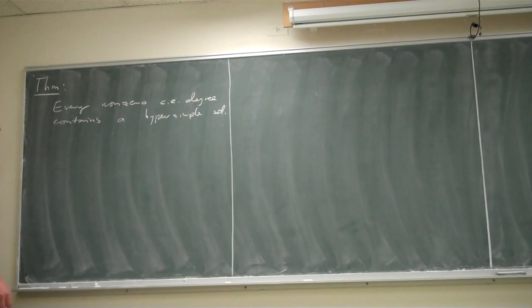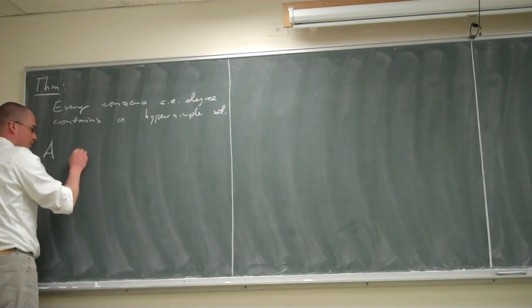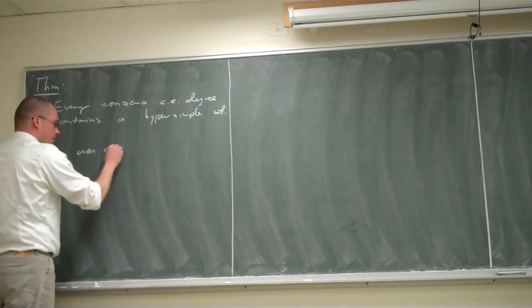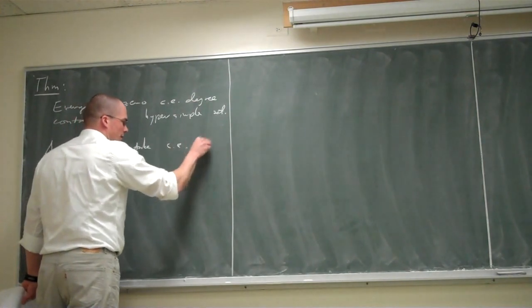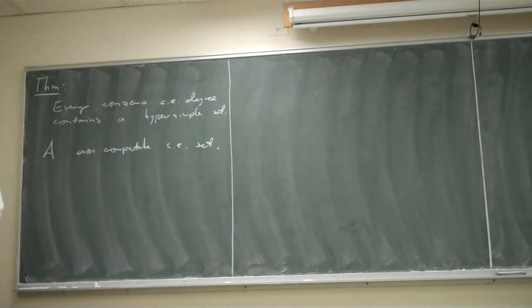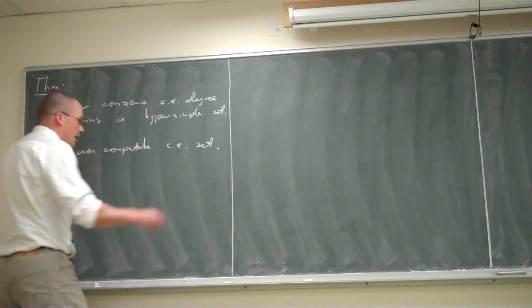So what do we do? Well, we take a non-computable CE set, right? Any CE degree contains a CE set. If the CE degree is not the computable CE degree, then it contains non-computable CE sets.